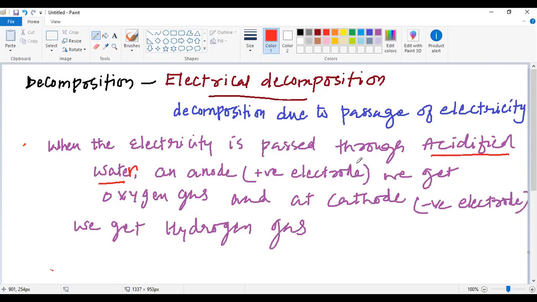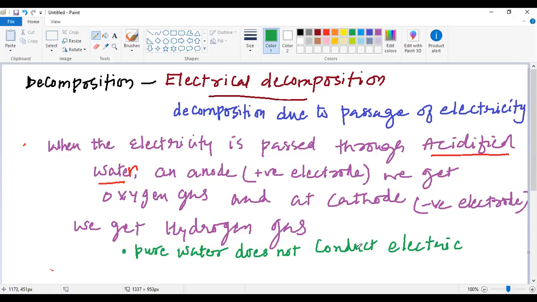The simple answer is that pure water does not conduct electricity. Please remember. As pure water does not conduct electricity, we have to make it slightly acidified so that the water becomes impure and conducts electricity.